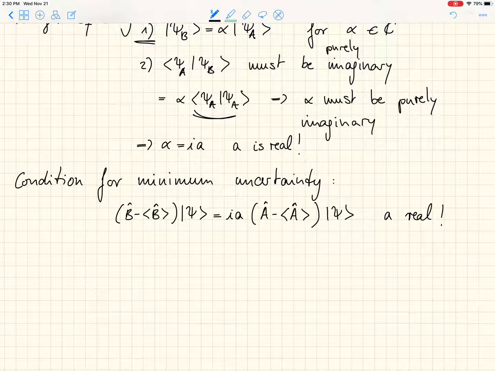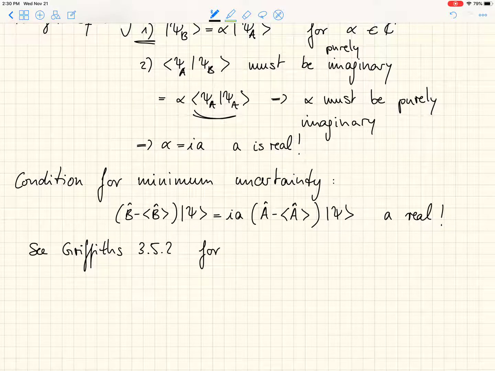And Griffiths does this for the position and momentum operators. So see Griffiths 3.52 for the case where B is the momentum operator and A is the position operator.